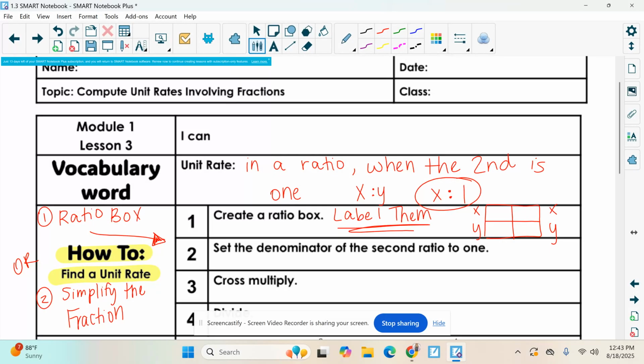Whatever the first value is, the first value has to be it on the other side. Whatever the second value is, has to be the second value on the other side. For a unit rate, you're always going to be looking for this box when the second value is 1. And then this column right here, the first column, that's where you plug in the information that you have. If we're talking about cats to dogs, you have 20 cats when you have 5 dogs. So you'd put 20 over 5.